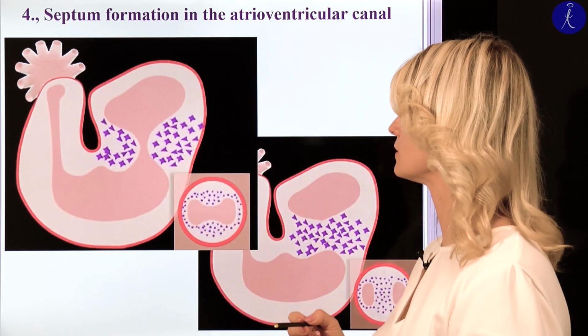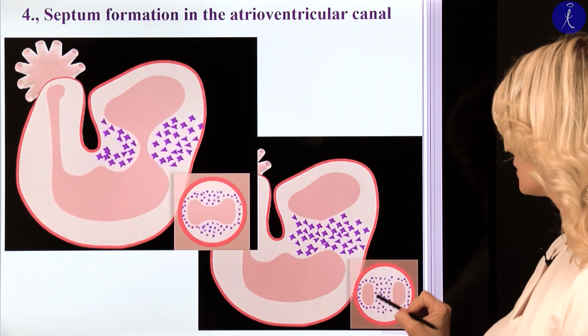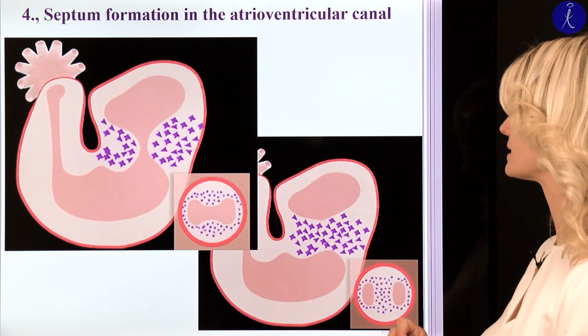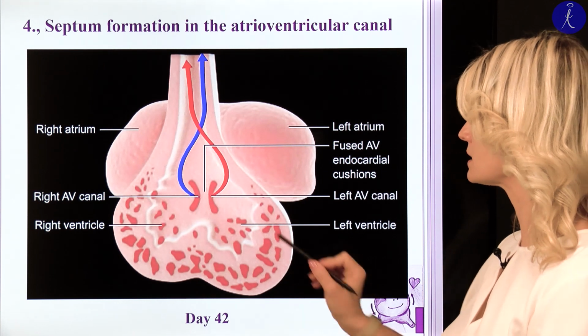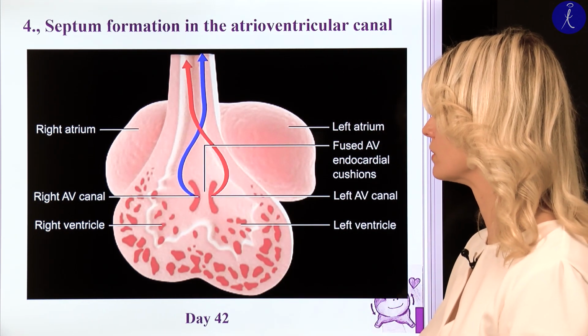So here you can see the picture. This is how these cushions fuse and form a separation between the right side and the left side of the atrioventricular orifice.